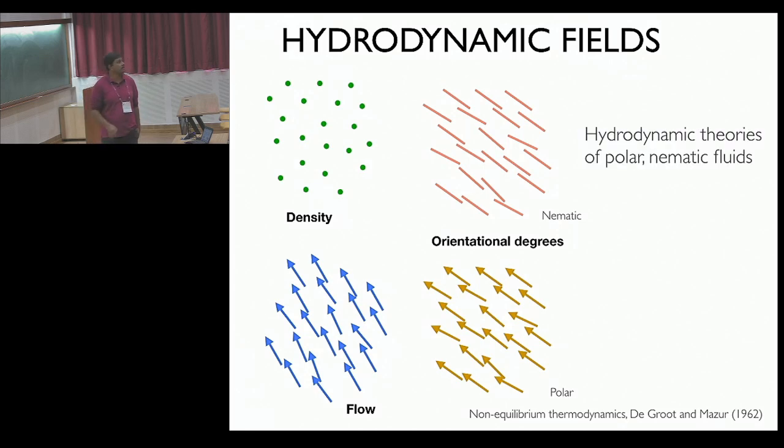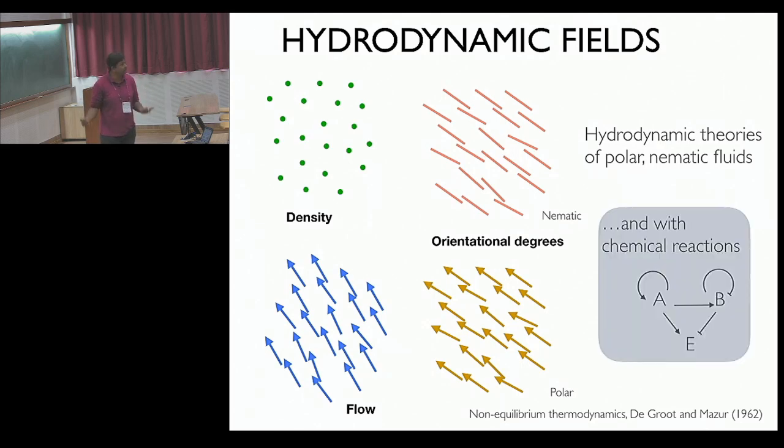So there are hydrodynamic theories of polar and nematic liquid crystals which have been worked out. One more thing, which we have been working on using the master equation: chemical reactions. You could have many species of molecules, A, B, C, and so on. A makes B, B makes C, D, all possible chemical reactions. You can't change the mass conservation law. You basically convert this to that and that to this, and make different amounts of different chemicals.